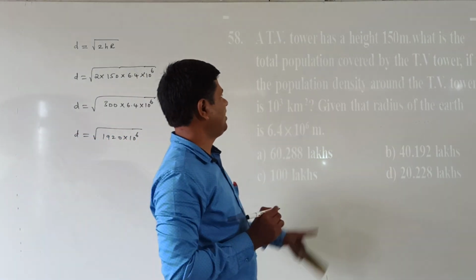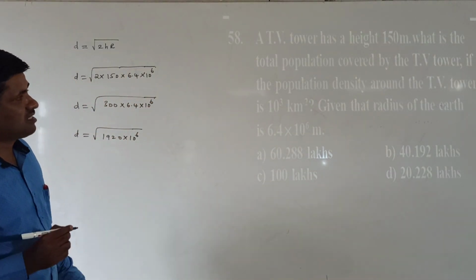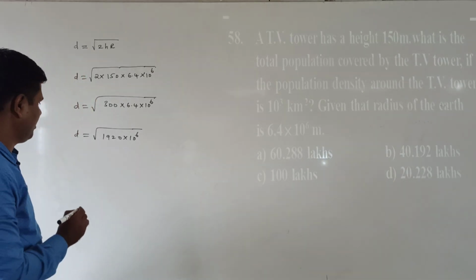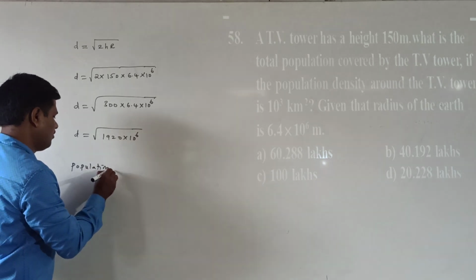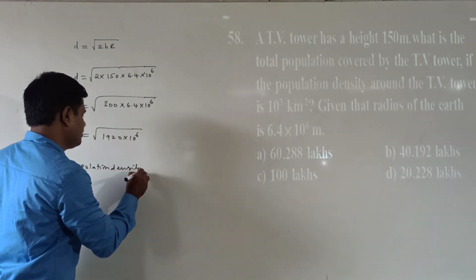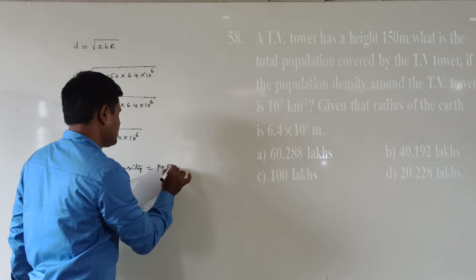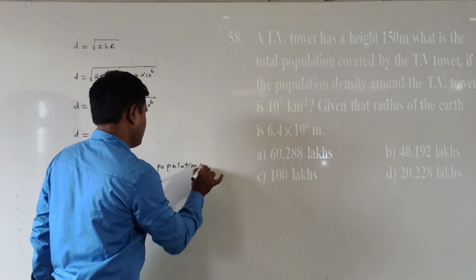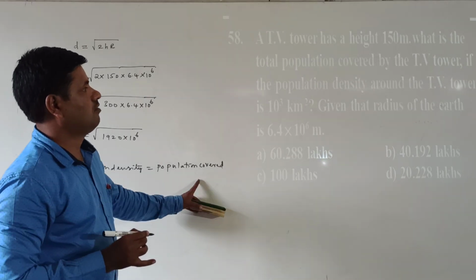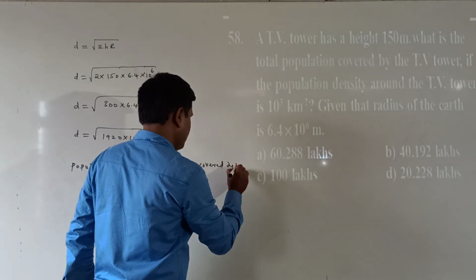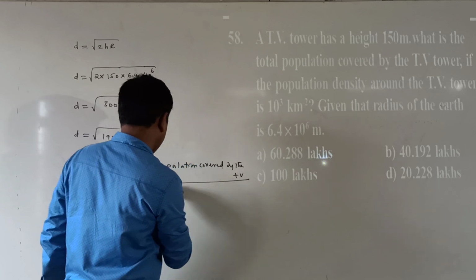Now what we have to find here is the population covered by the TV. The population density is given. Population density is equal to population covered by the TV divided by area.